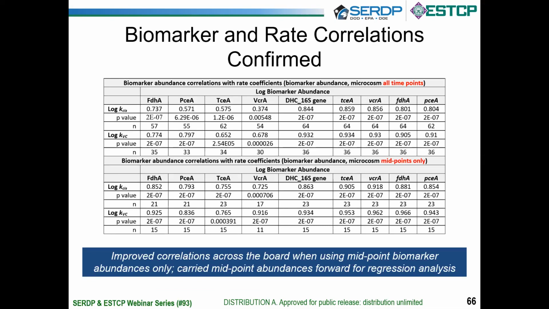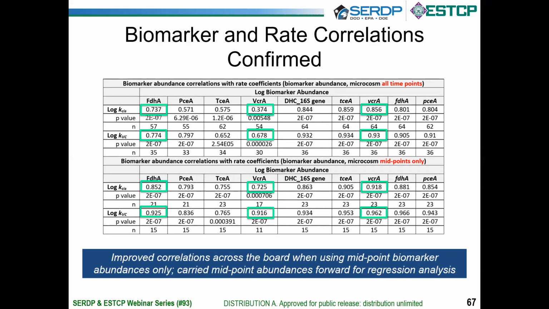Slide 67 illustrates that looking at only the midpoints showed a significant improvement in the correlation results for all microcosms for both the K-cis and the KVC values. So for example, if we look at the correlation between log K-cis and vinyl VCRA protein, we increased from 0.374 to 0.725.